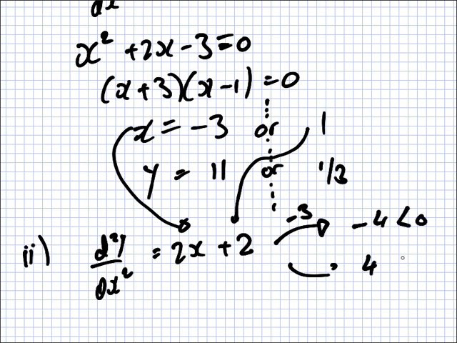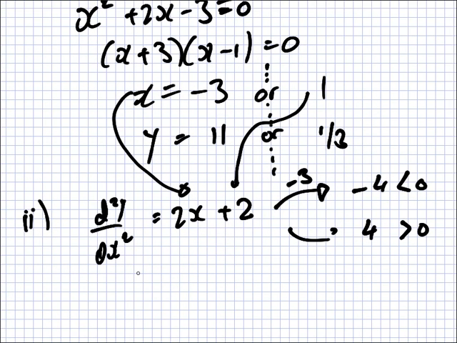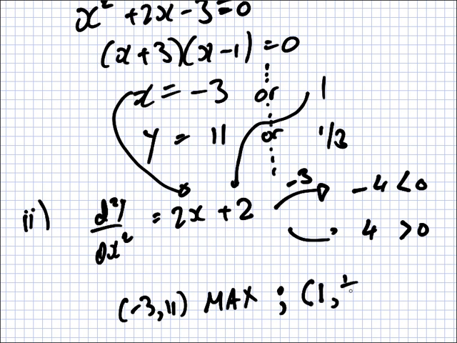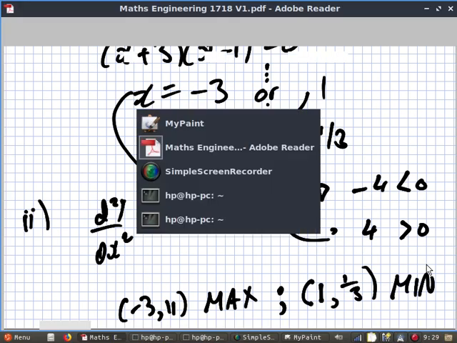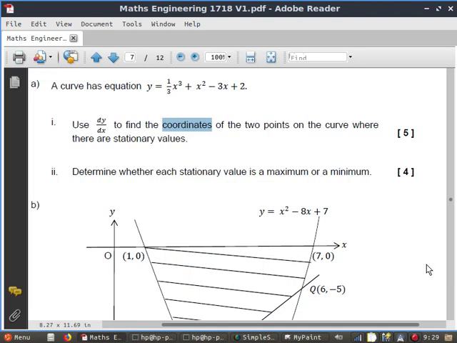That's less than 0, that's more than 0. So that means minus 3, 11 is a max, and 1, 1 and a third is a min. So 9 marks already.